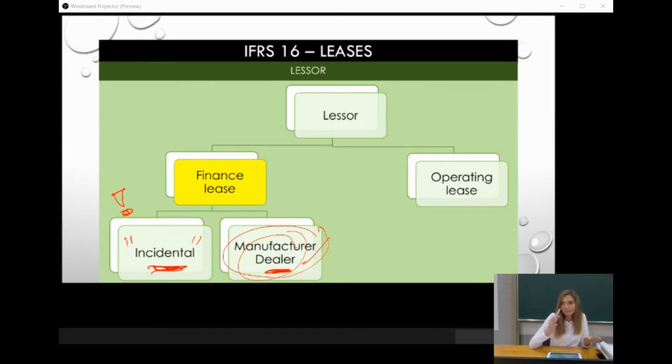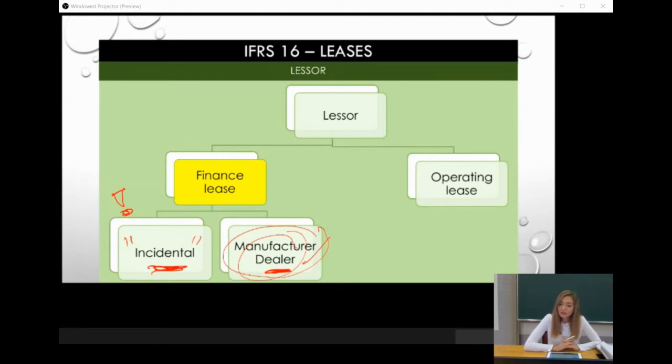We'll have to look at all of those to decide: is it maybe just a financing transaction, or is it actually a finance lease transaction? But installment sale agreement, like I said, that's a tax term.